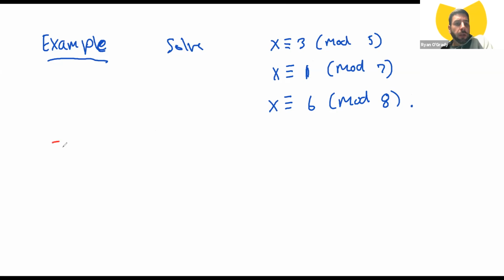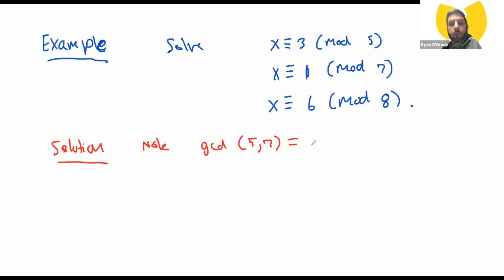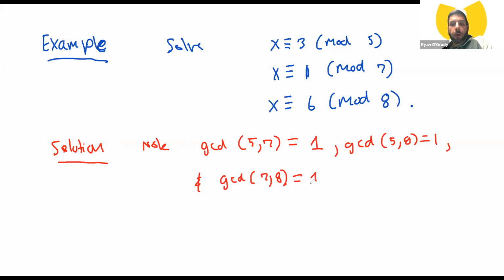Okay, so here's what we know. First off, here's the first way you think about this problem. The first thing to note is that the GCDs of the moduli are pairwise 1. Excuse me, if I take all the moduli, the GCDs are 1. And that means, in fancy talk, that they are pairwise relatively prime.